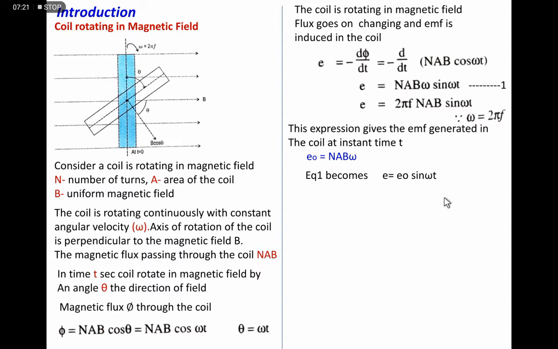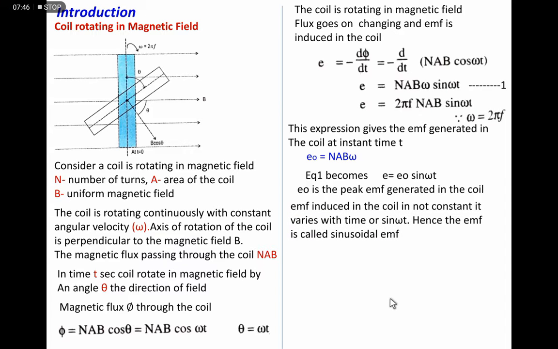Now it is very clear from this equation, E is equal to E0 sine of omega t, even E is equal to NAB omega sine of omega t, that the induced EMF is sinusoidal, or it changes with the time. Hence it is the sinusoidal EMF, or you can say it is the alternating EMF which is generated in the coil.